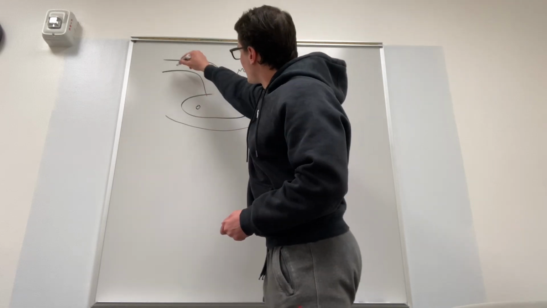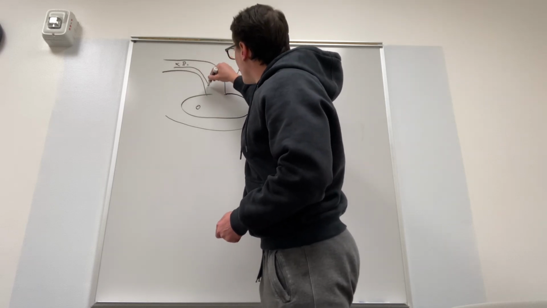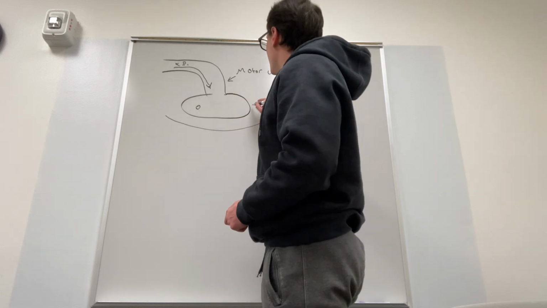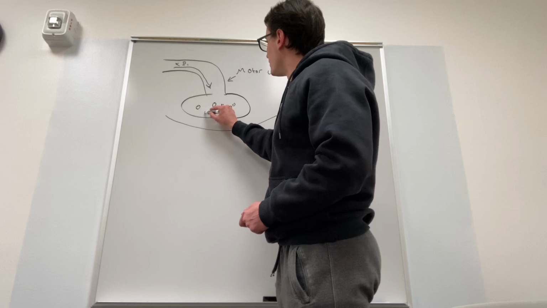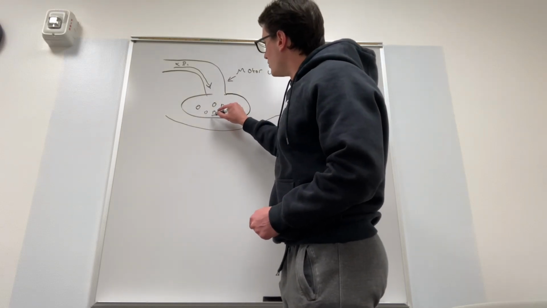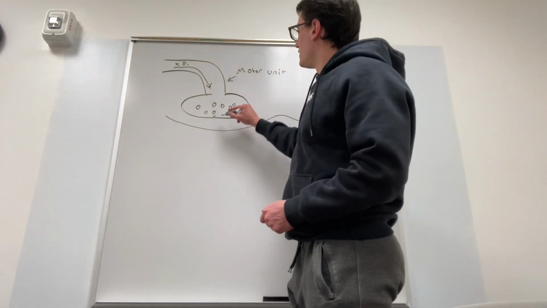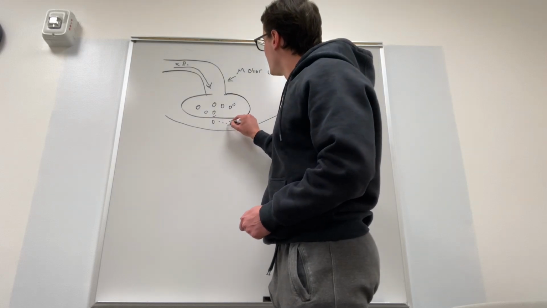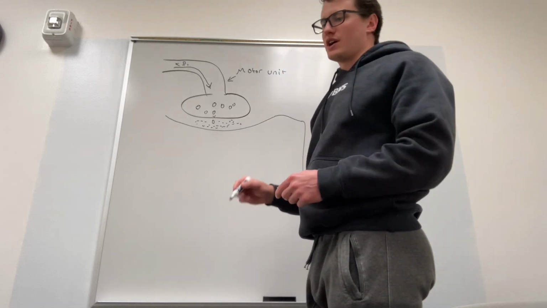So we have an action potential travel down this nerve. It's going to cause all these neurotransmitters, these vesicles, to reach the synapse where the SNARE proteins can pull them in and release their neurotransmitters across the synaptic cleft.